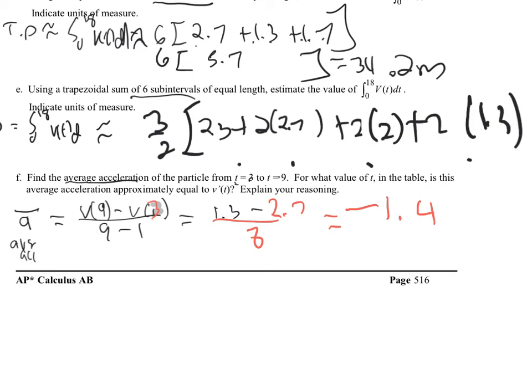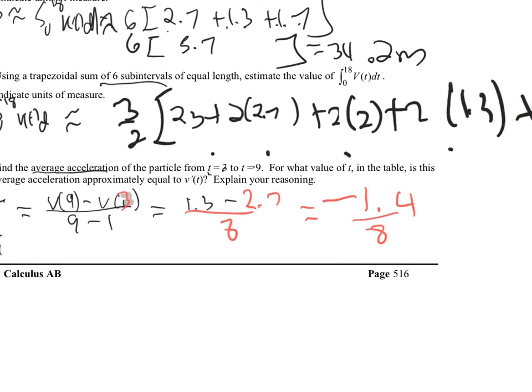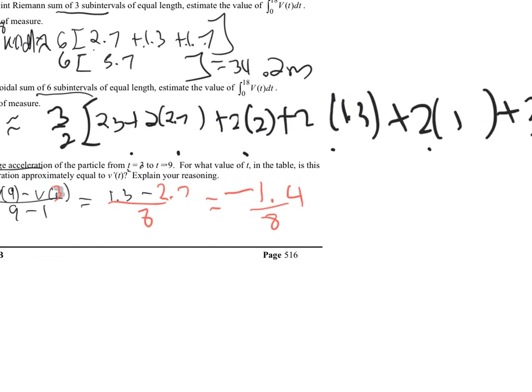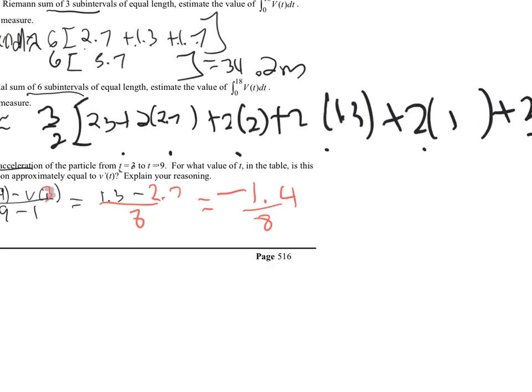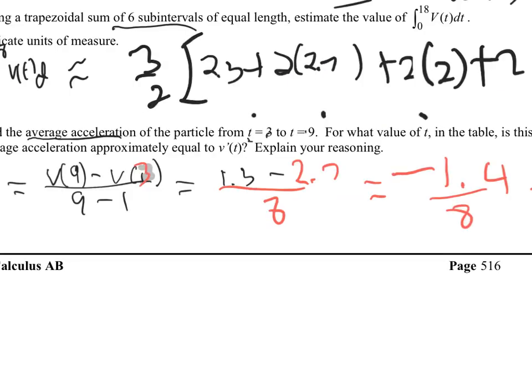1.4 over 8. 1.4 over 8 is negative. I'm going to use my calculator. It's not an 8 on there. I know, I see it before you yell at me, guys. It was a 9. I fixed that 3.